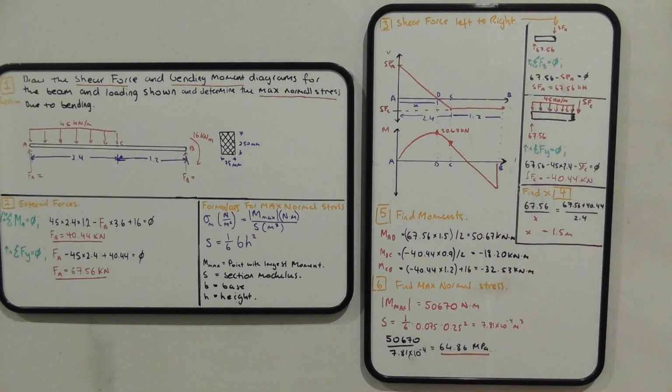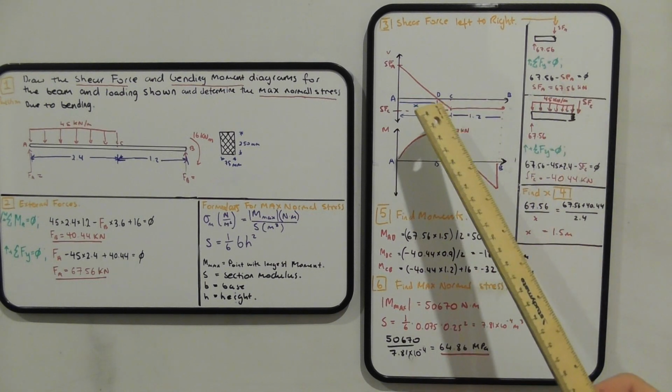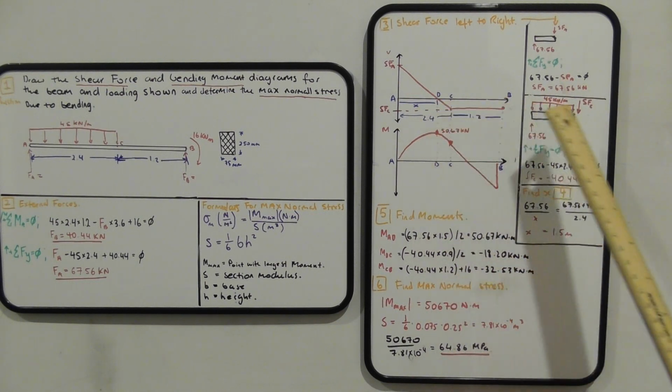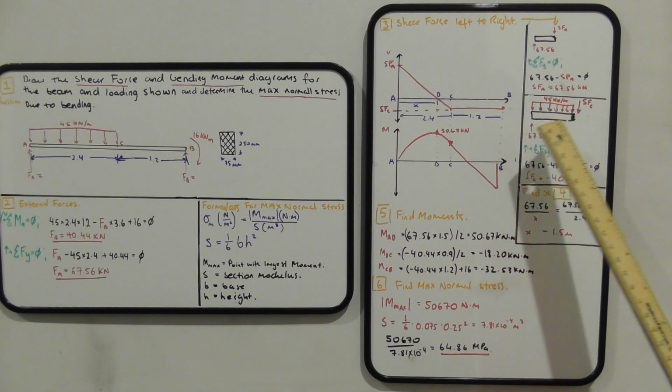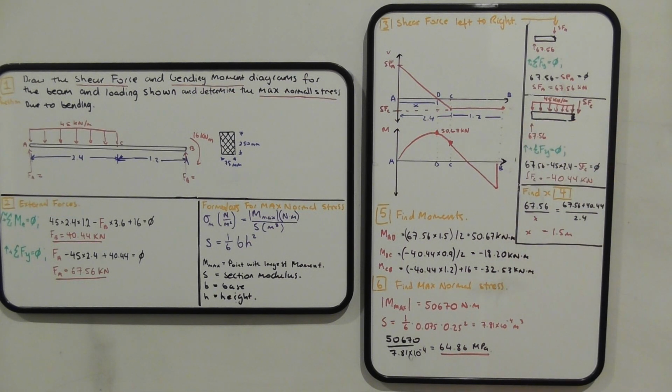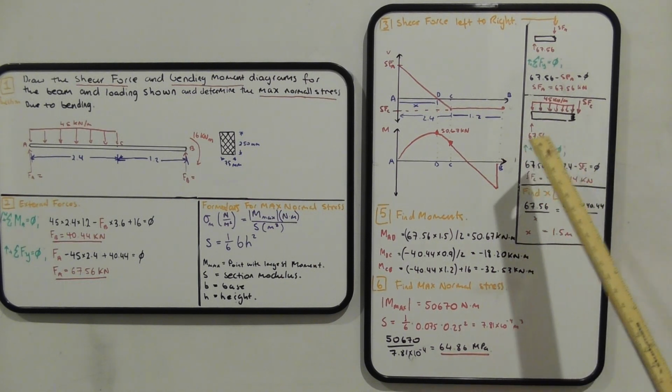Next, we will find the shear force at C, and the way we do that is we cut the section just a smidge after C, and we have that same force, 67.56.